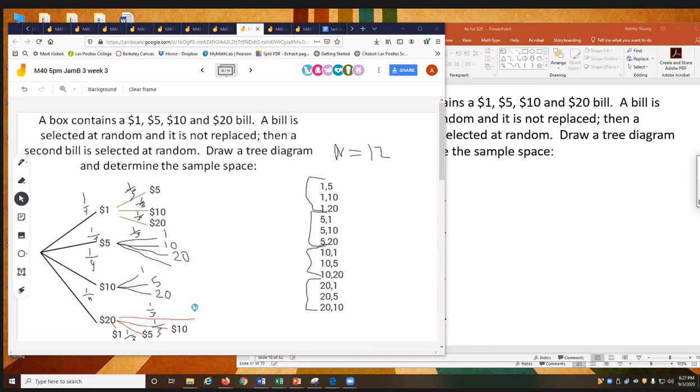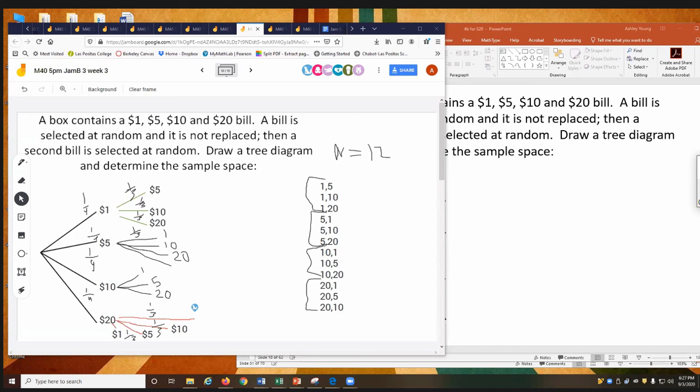And then here is your set of possible outcomes, your sample space. And they noticed that n is 12, so they're noting that there's 12 possibilities. Great, excellent. A lot of you did a nice job of this. Well done.